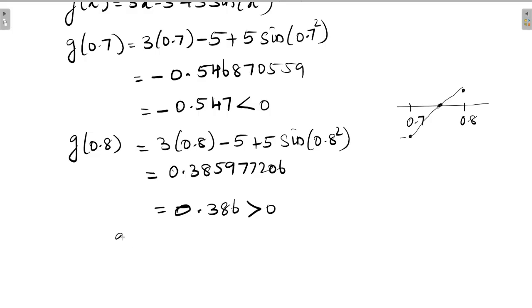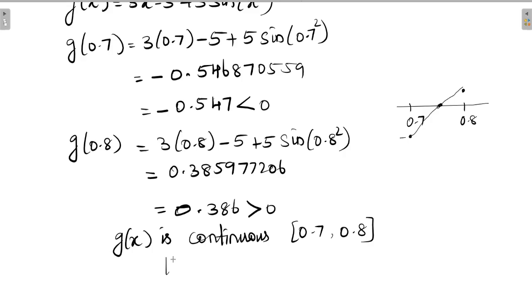So g(x) is a continuous function within the interval 0.7 to 0.8. Hence, g(x) = 0 has a root α. Definitely there must be a root for one of the x values.